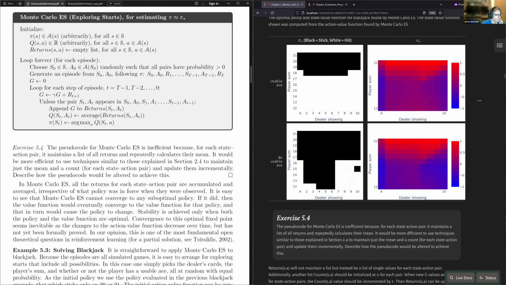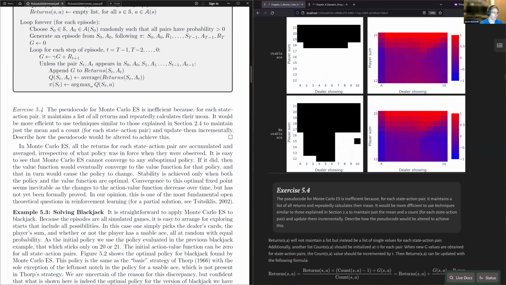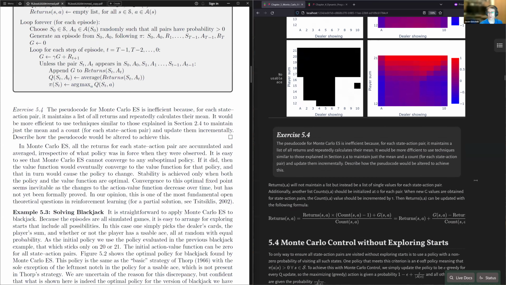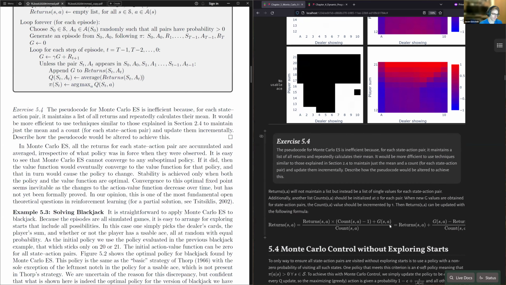Okay, so exercise 5.4 is just the thing I already mentioned, which is that to average this, we need to maintain a list of all the returns observed for every state action pair, and that's inefficient. In a previous chapter, we already went over how to calculate this incrementally.